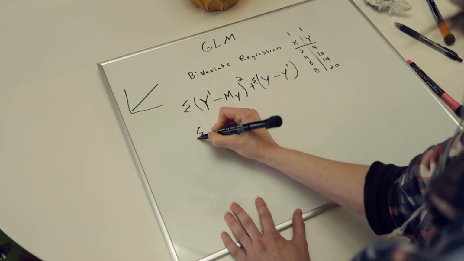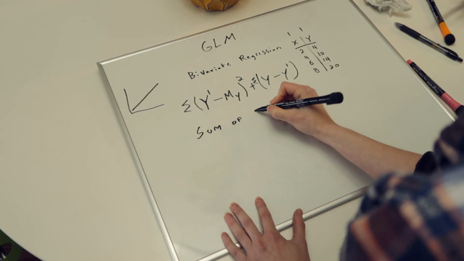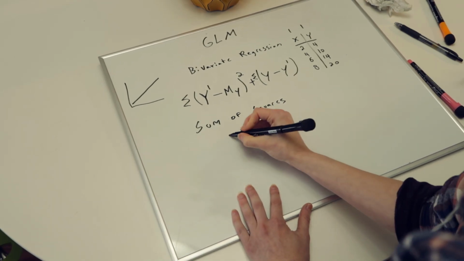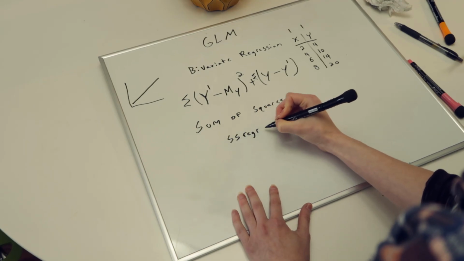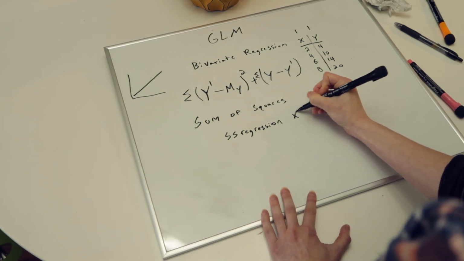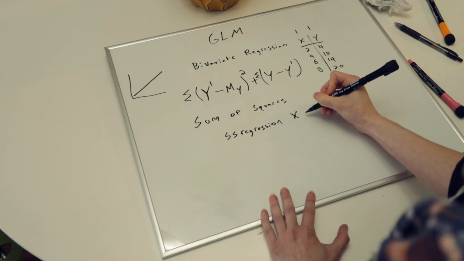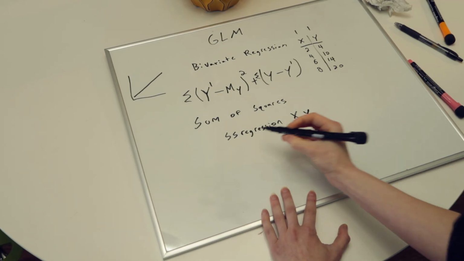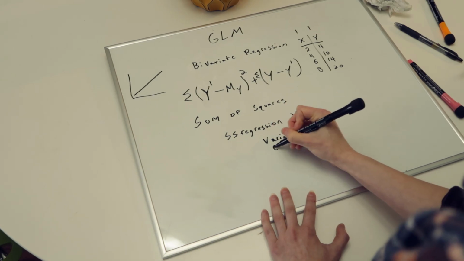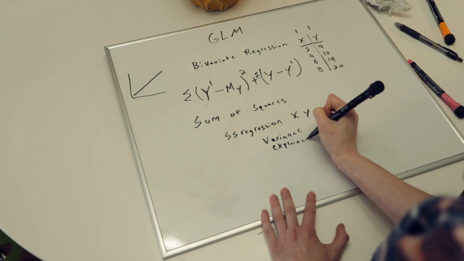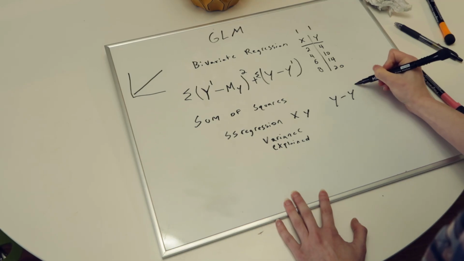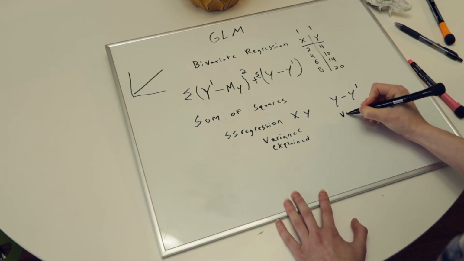This is called the sum of squares. So the SS regression is the sum of x's effect on y, the explained variance, so this is variance explained, and then y minus y prime is our variance unexplained.